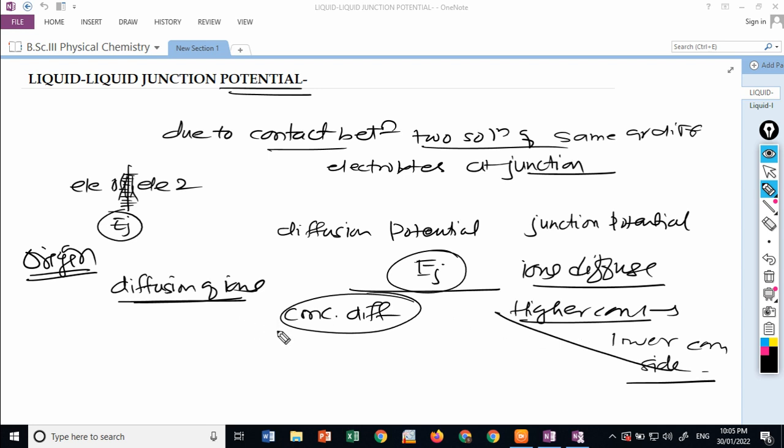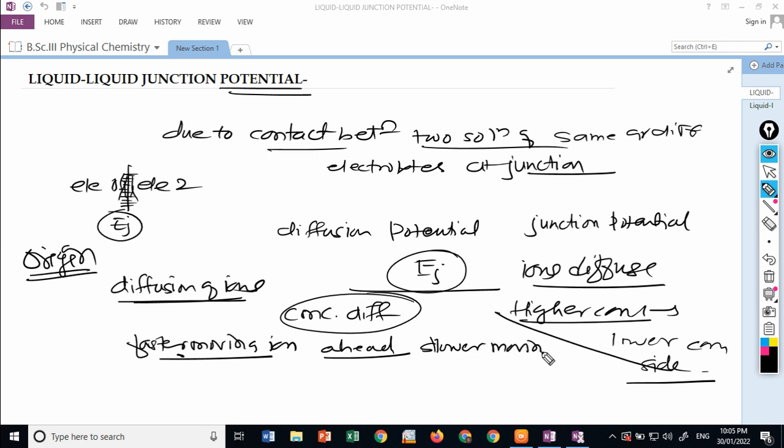Here, the faster moving ion will move ahead across the boundary faster than the slower moving ion, from the higher concentrated side to the lower concentrated side. So there is separation of charges.